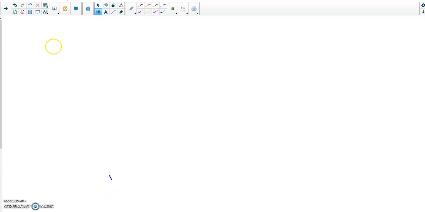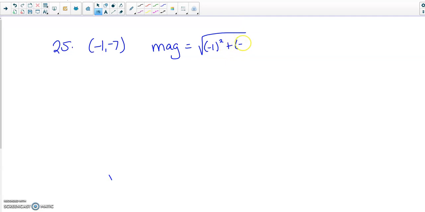Okay. 25. So 25 is negative 1, negative 7. Okay. So again, let me just reiterate the importance of putting parentheses around these numbers, and especially the negative ones, because if you don't, your calculator is going to scream at you.